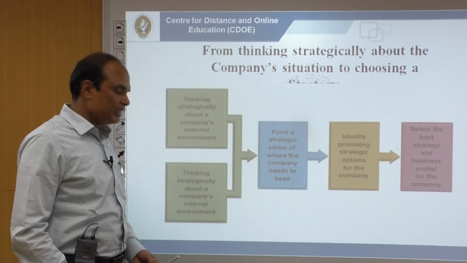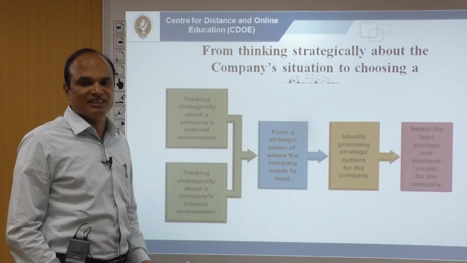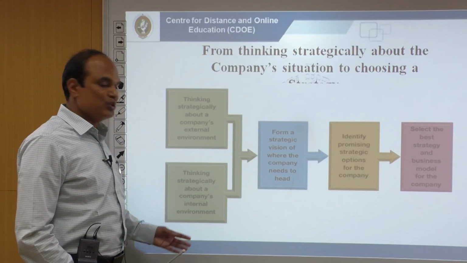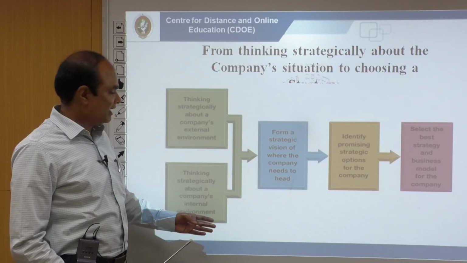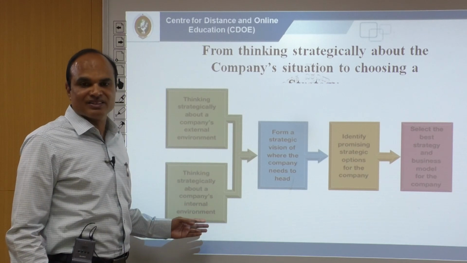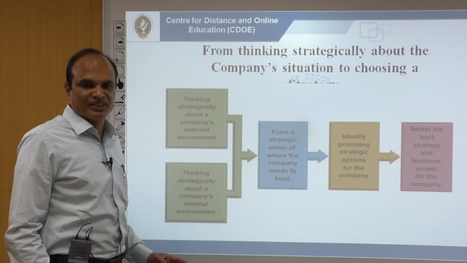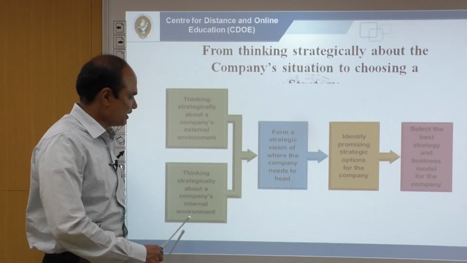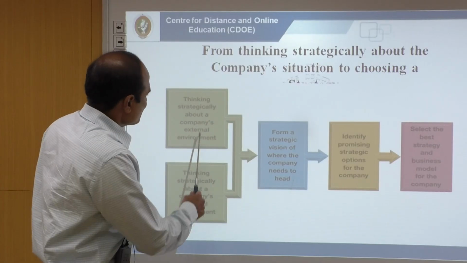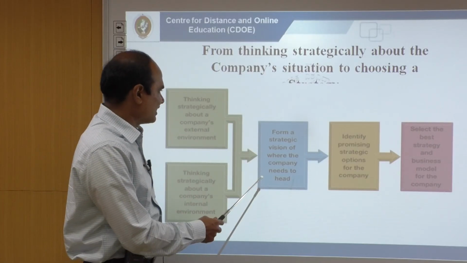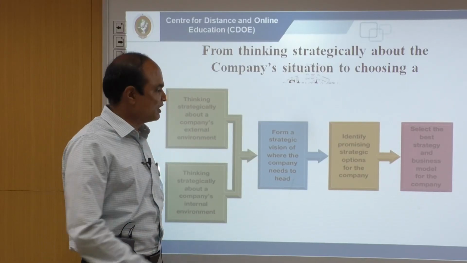And the internal environment is all about the company's strategy, vision, mission, goals, objectives, and its own competitive strategy, and which segment the company would like to address. So what are its strategies, how to beat the competition and take on the competition, everything comes under the internal environment. Both the external environment and internal environment form a strategic vision of where the company needs to head.